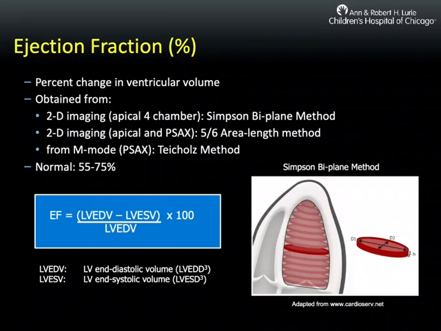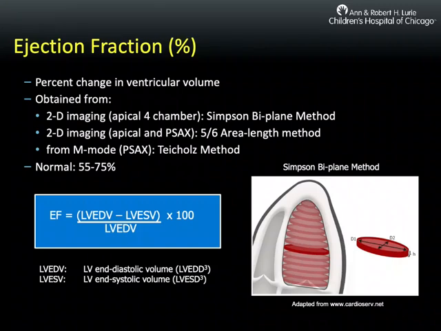You can use 2D imaging from an apical four-chamber in a method called Simpson biplane, which we'll go over, as well as 2D imaging to measure a method known as the 5/6 area length method. And lastly, you could also use M mode in that parasternal short axis using the Teichholz method. Again, typical EF percentages are 55 to 75. And again, the calculation here is below.